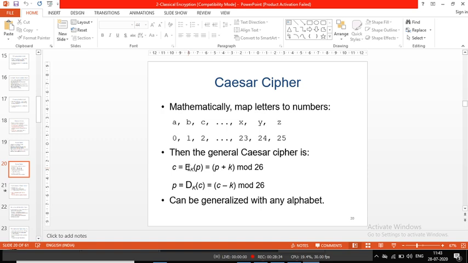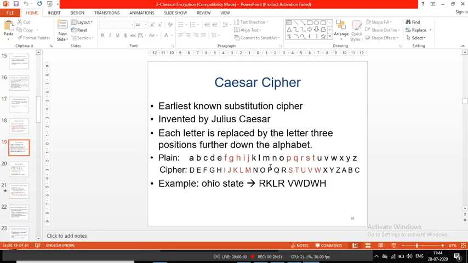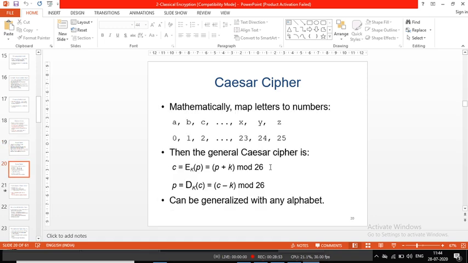E is called encryption and D is called decryption. For getting cipher text, the formula is C equals P plus K mod 26. Now just substitute the values from your plain text and from your alphabets.